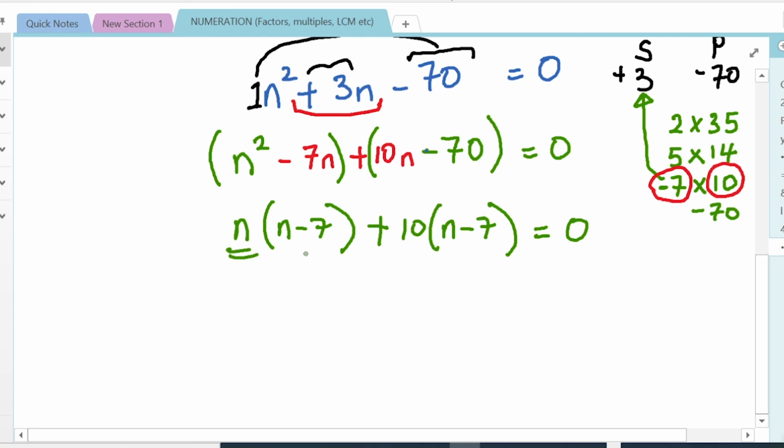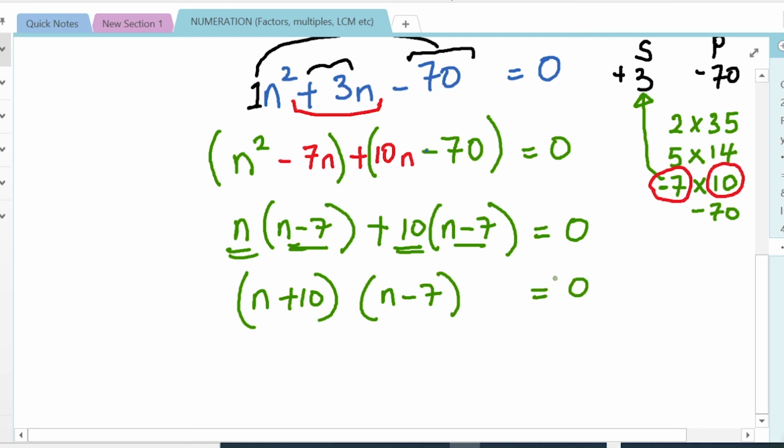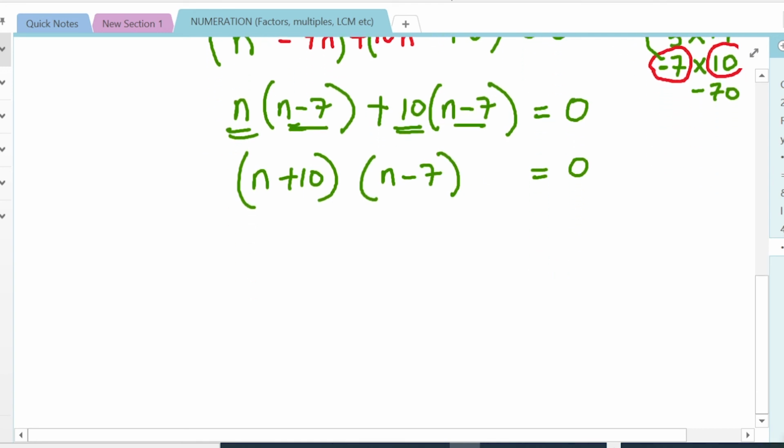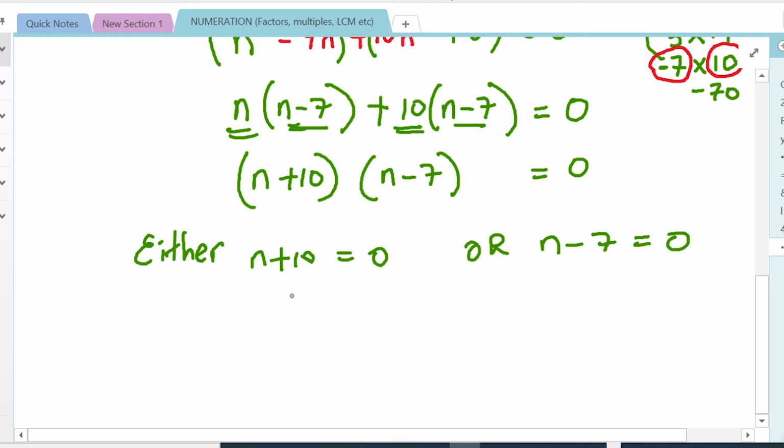So of course the things outside the brackets will go alone, n plus 10 into the things in the brackets, which is n minus 7 is equal to 0. Alright, so that becomes either n plus 10 is equal to 0 or n minus 7 is equal to 0. So here the value of n is negative 10, here the value of n is 7.